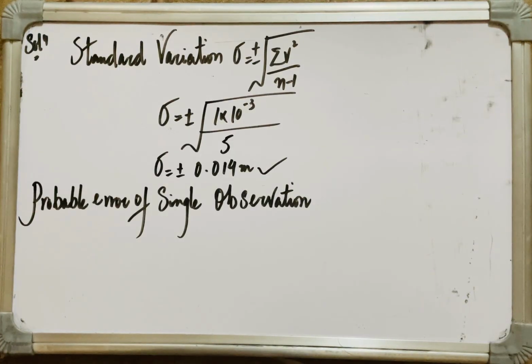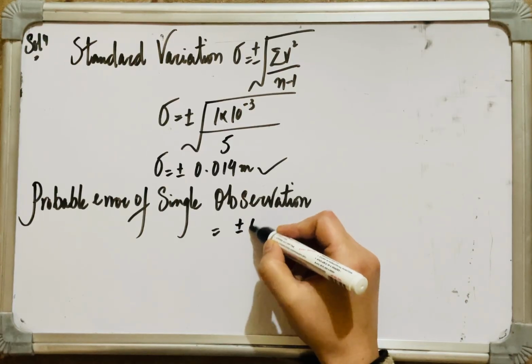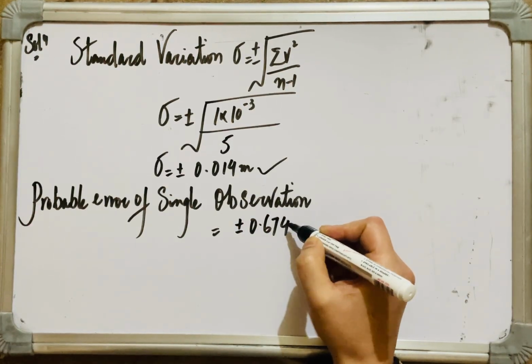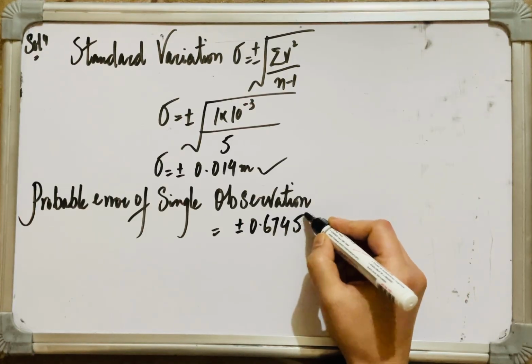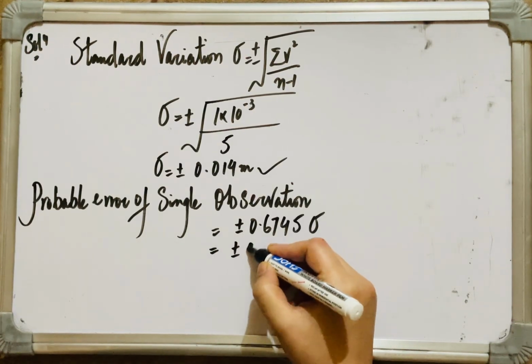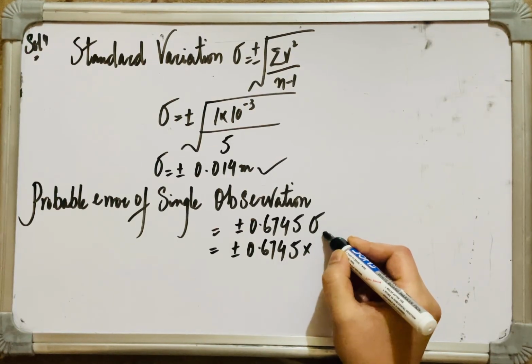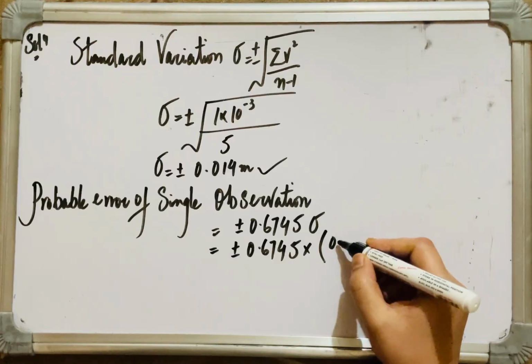The probable error of a single observation is equal to plus minus 0.6745 times sigma. It is the most probable error, or we call it the probable error of a single observation. So by calculations, it is plus minus 0.6745 times our standard deviation or standard variation, which came out to 0.014.